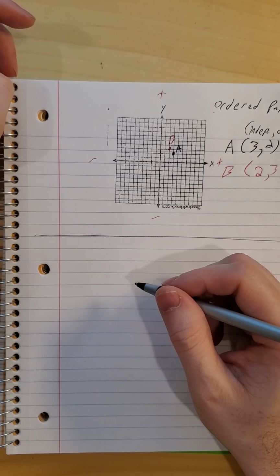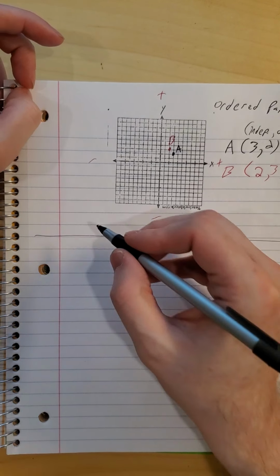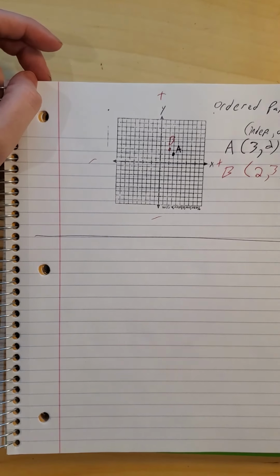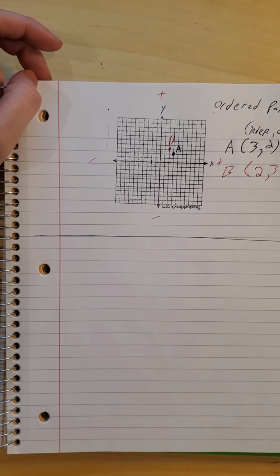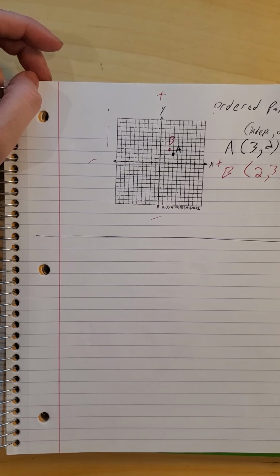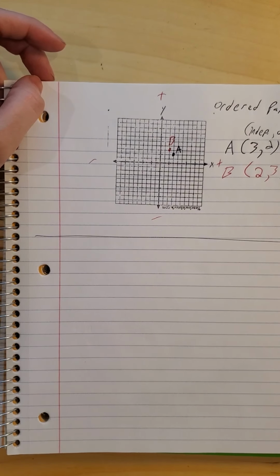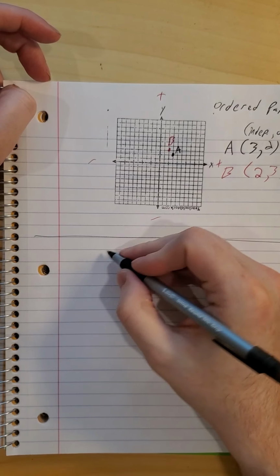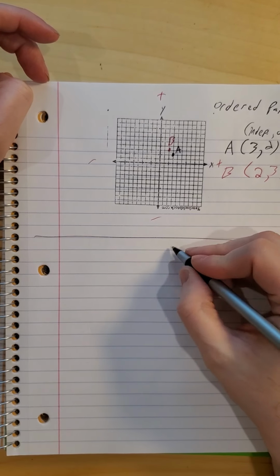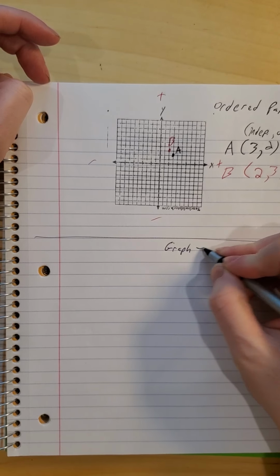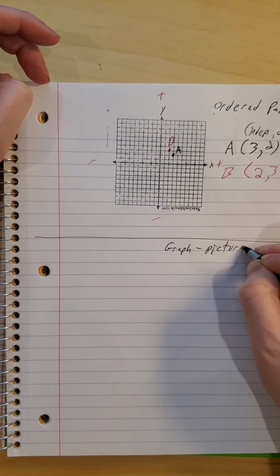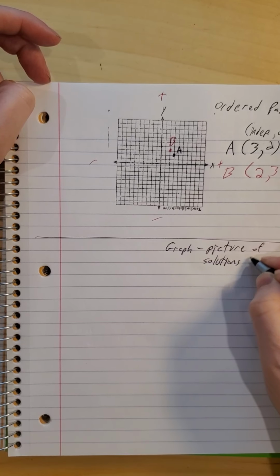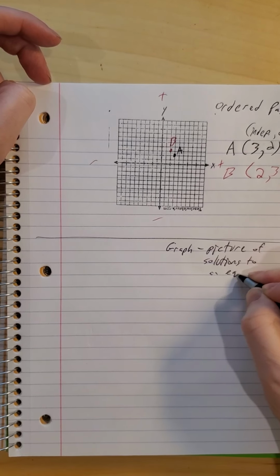Now, as far as graphs of, we're going to stick to functions. We're going to still look at our domain being the set of integers. But all a graph is, is a picture of solutions to an equation.